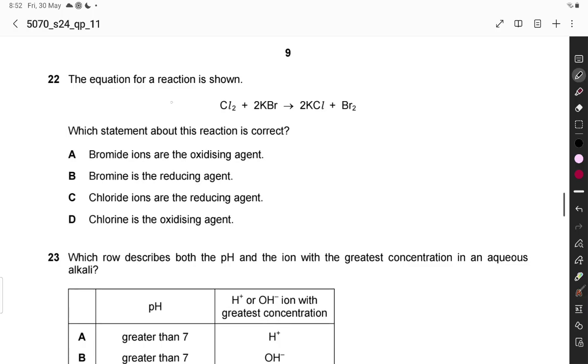Question number 22. The equation for the reaction is shown: Cl2 plus 2KBr to form 2KCl plus Br2. Which statement about this reaction is correct? Bromide ions are oxidizing agent. This is bromide ion. This is going to be oxidized, so it acts as a reducing agent.